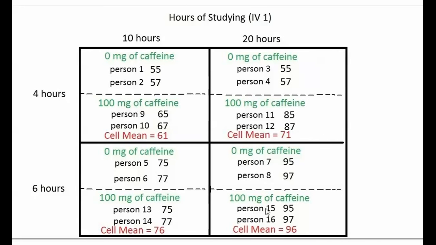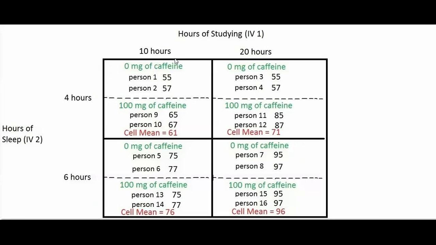We would create this type of a grid here, where we have the 2 levels of studying and the 2 levels of sleep, and each of these 4 cells includes all 4 people who were assigned to that combination.